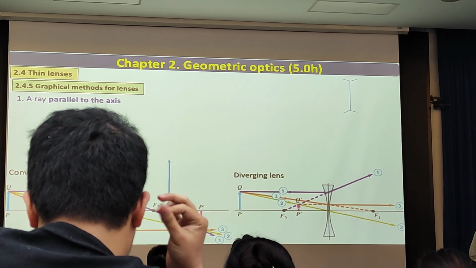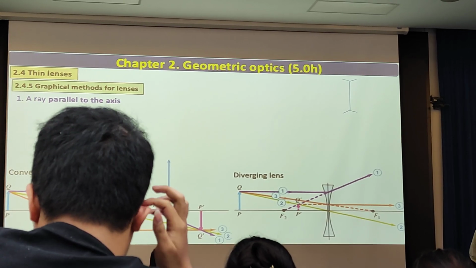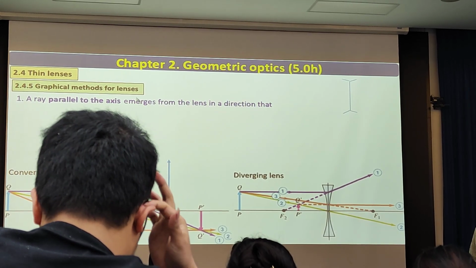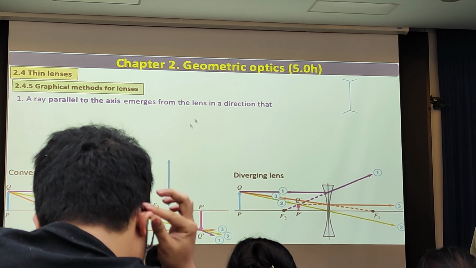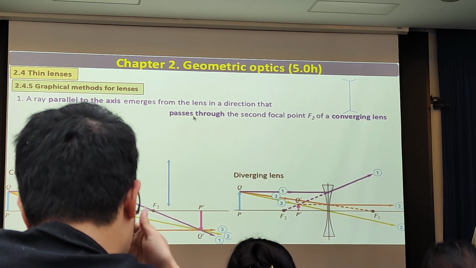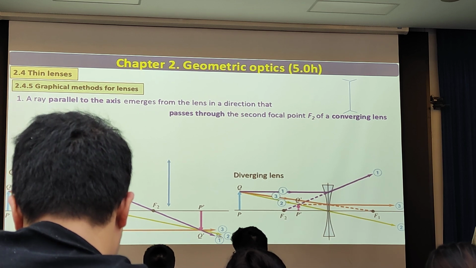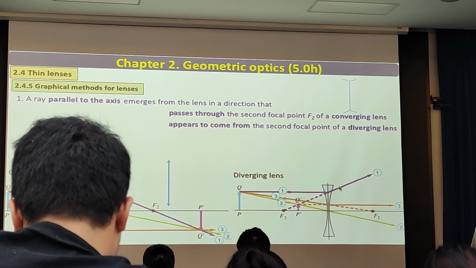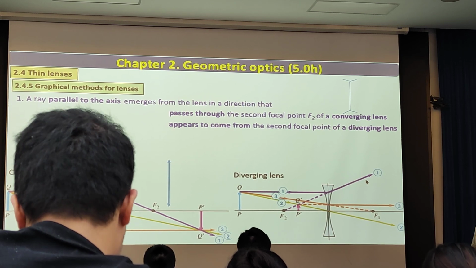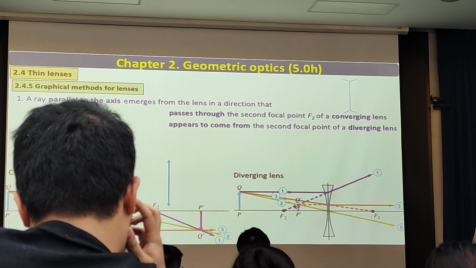A ray parallel to the axis emerges from the lens in a direction that passes through the second focal point F2 on a converging lens, or appears to come from the second focal point of the diverging lens. Do you see?